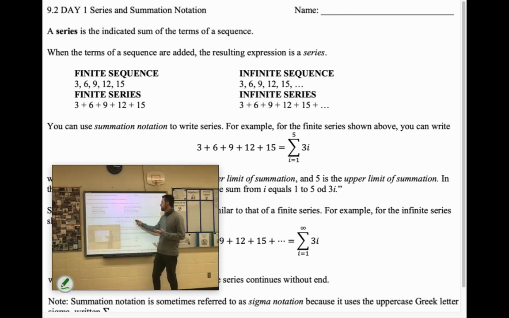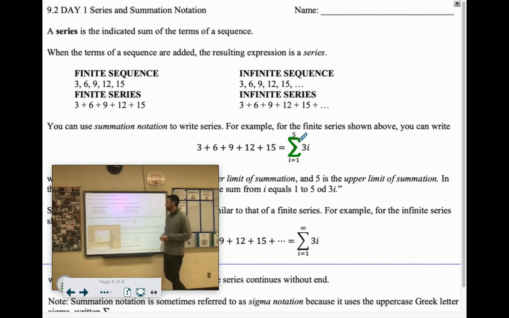So when you write this, you'll look here, we've got this Greek E looking thing, which is called a sigma. If you look underneath it, it says i equals 1. So i equals whatever, that's the term that you're starting with. And it's always going to be 1 for us. So like here's our first term, our second term, our third term, fourth term, and fifth term.